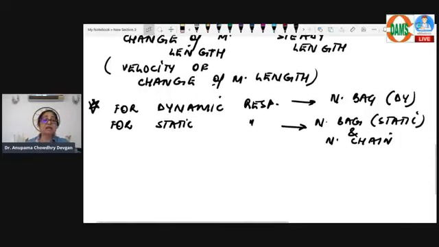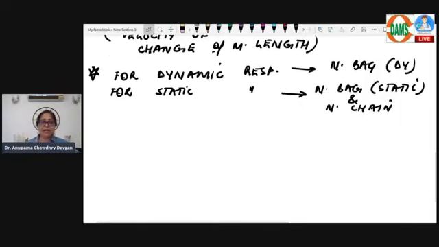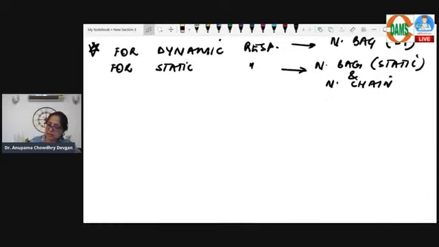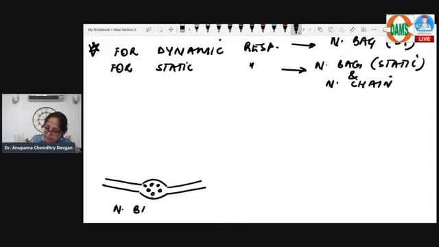Now let us see the nerve supply for the nuclear bag dynamic, nuclear bag static and nuclear chain. Let's try and see that. This is nuclear bag dynamic.